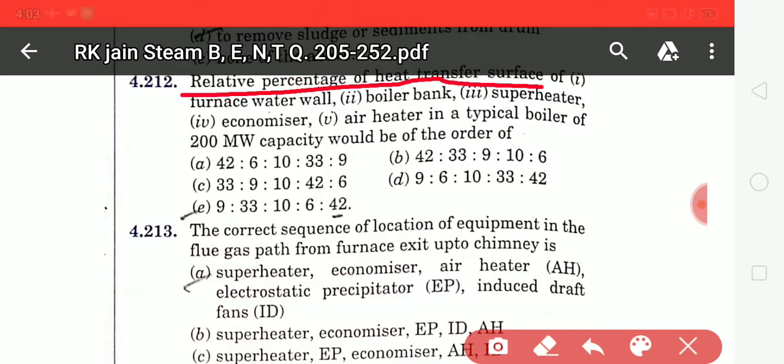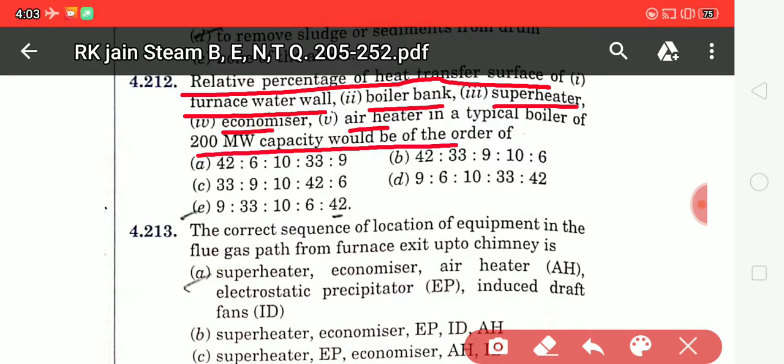Relative percentage of heat transfer surface of furnace water wall, boiler bank, superheater, economizer, air heater in a typical boiler of 200 megawatt capacity would be of the order of 9 is to 33 is to 10 is to 6 is to 42.